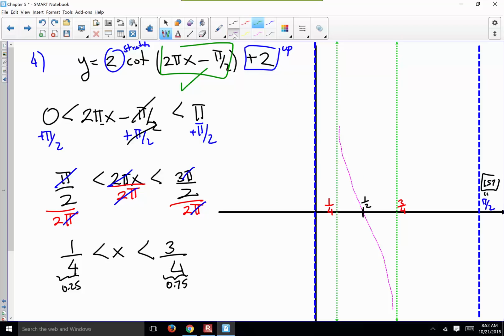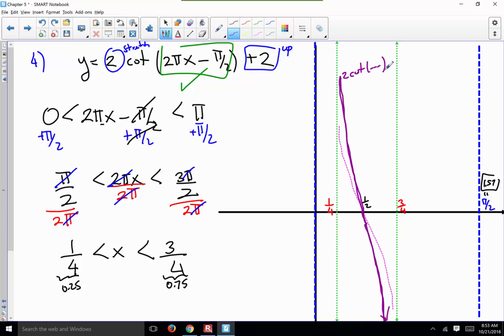So I'm going to stretch it now twice. Looks good. Every point goes twice the distance, twice the height as before. All y values are doubled. So this is twice the cotangent of whatever this was.